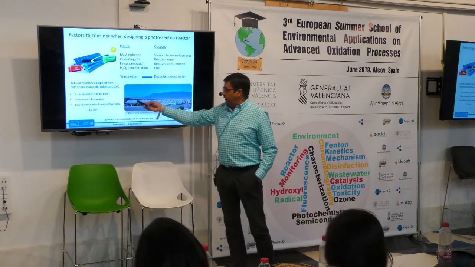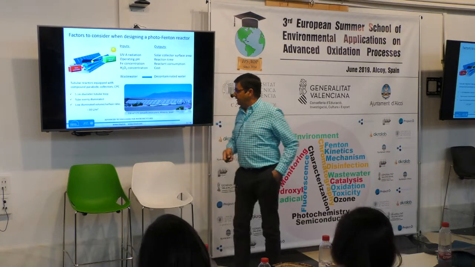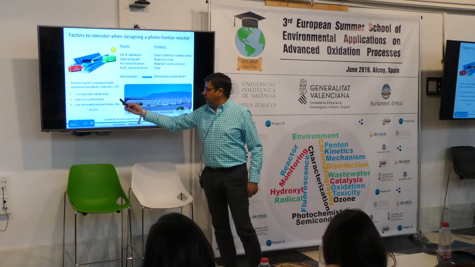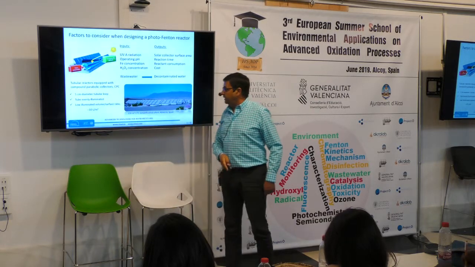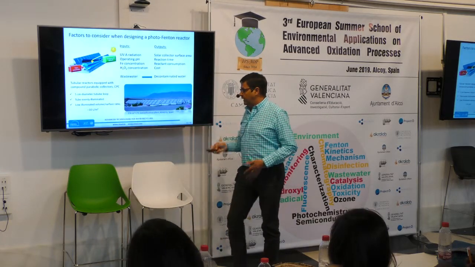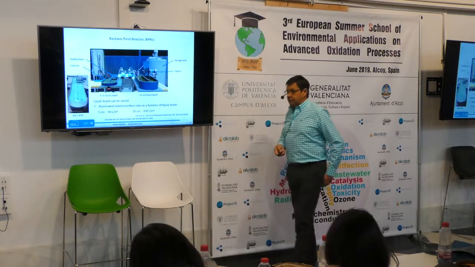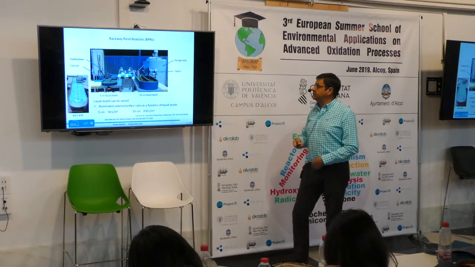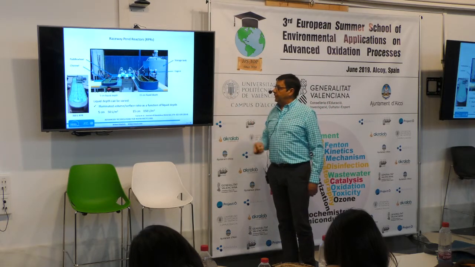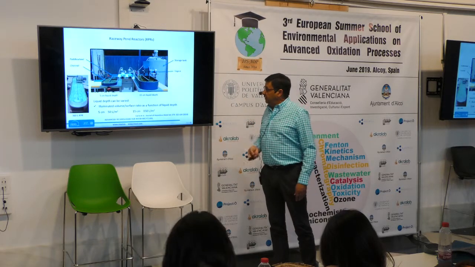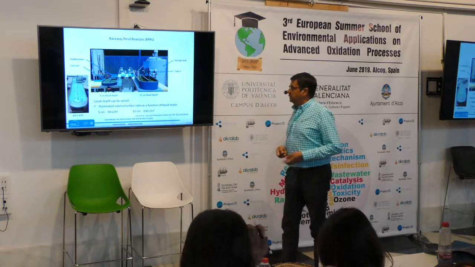The tubes are evenly illuminated, but they have a very low ratio between the illuminated volume and the surface of the reactor, around 10 liters per square meter. A new proposal in the last few years is the use of raceway pond reactors. This is a very cheap reactor.